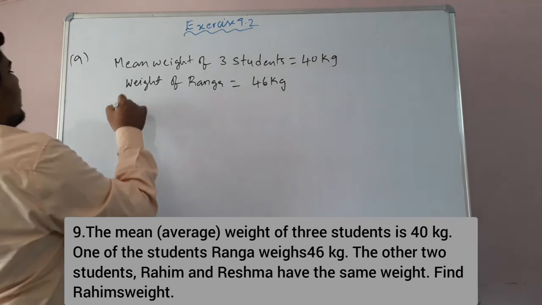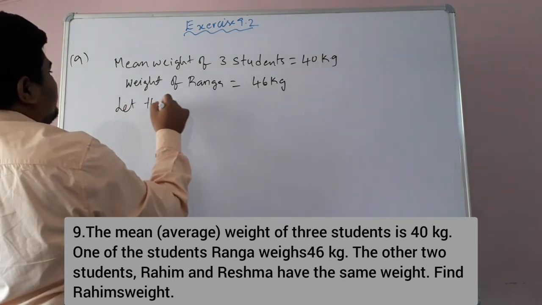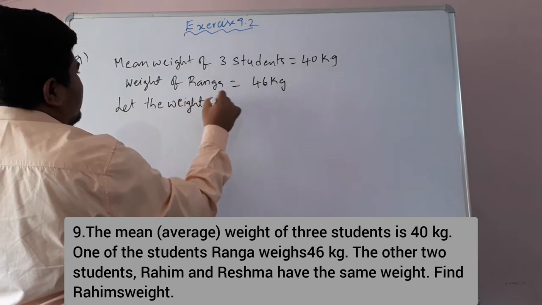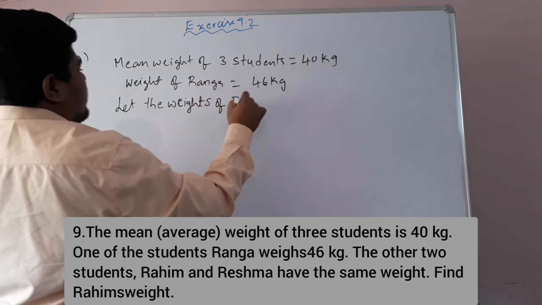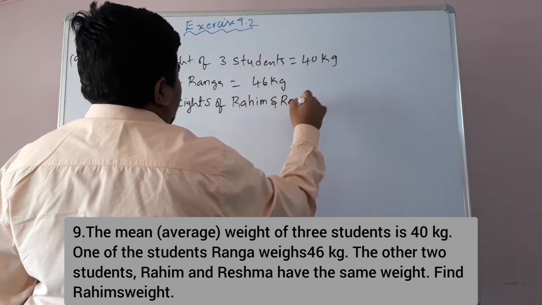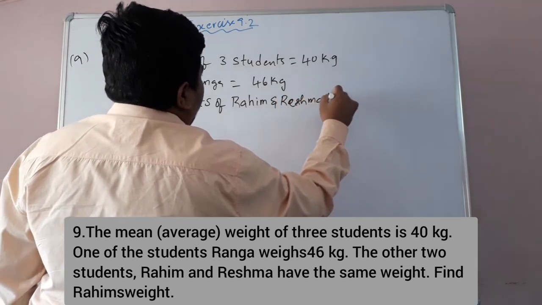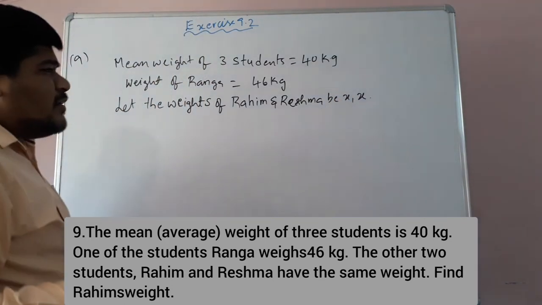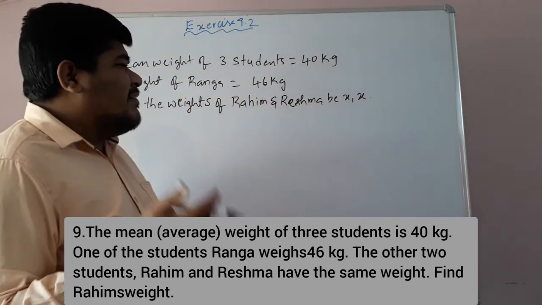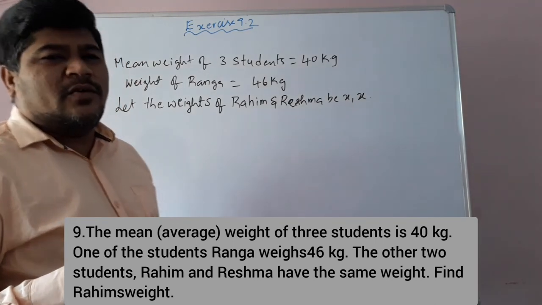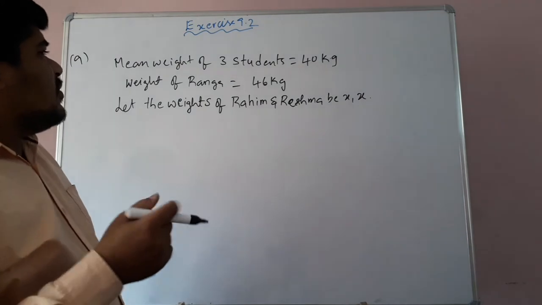So let the weights of Rahim and Reshma be x, x. Because they told us they are equal, children, if Rahim has x kg, Reshma also has x kg weight. Now here we have to use the mean formula.